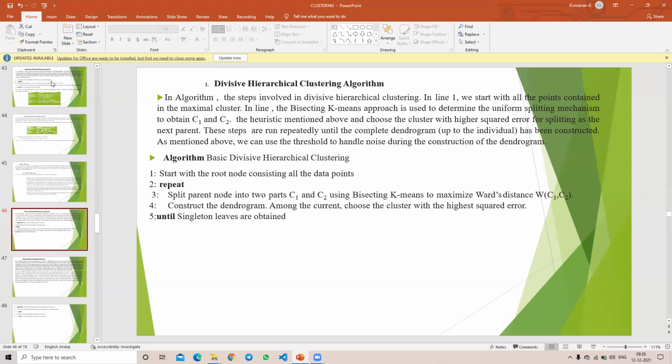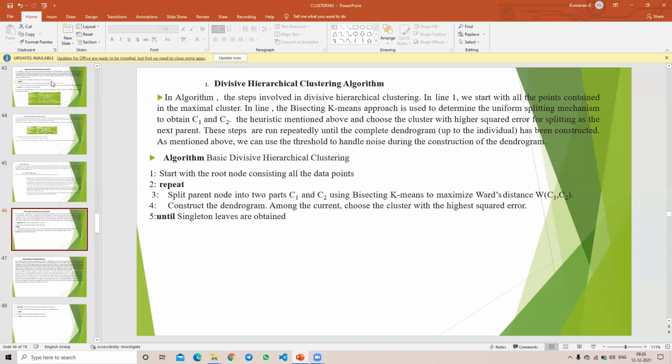Split the parent node into two parts, C1 and C2, using the bisecting k-means algorithm to maximize Ward's criterion, that is, maximize Ward's distance W of C1 and C2.